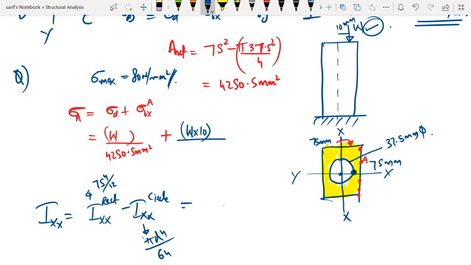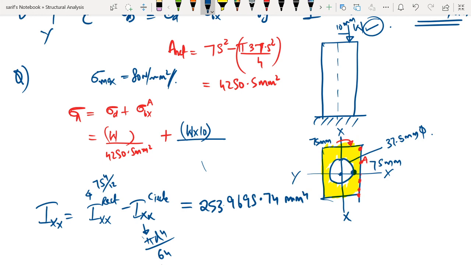So if we try to substitute it, we can get the value of Ixx as 2539695.74 mm raised to 4.